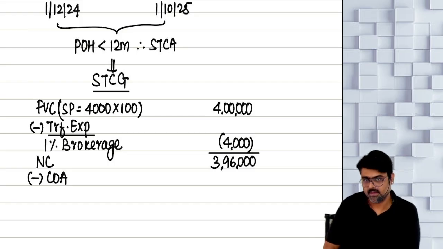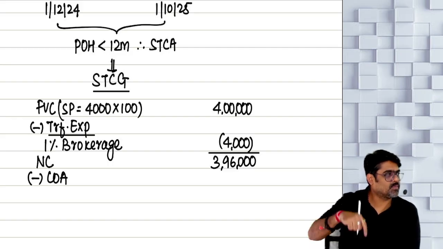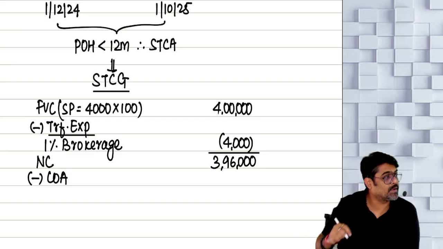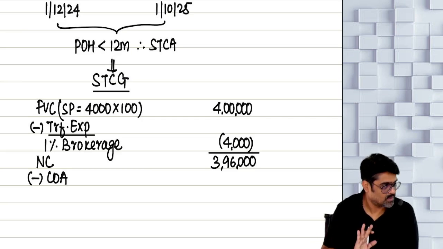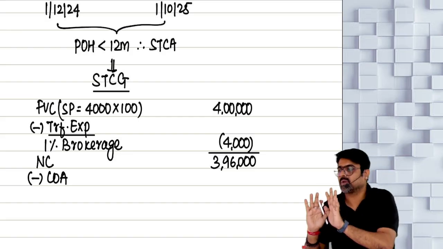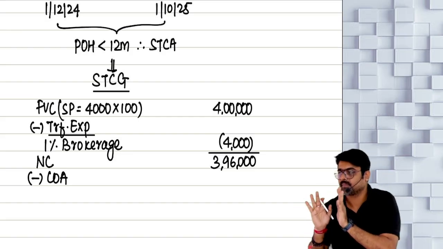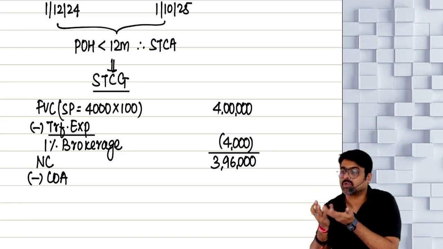It will be net consideration minus cost of acquisition. 55 to AC, no? Then for bonus shares, how will you apply 55 to AC? Can you apply 55 to AC? Yes, if these bonus shares were acquired prior to 1st February 2018 and you were calculating the long-term gain. I'll tell you about that also. Yes or no? So first of all tell me, are these bonus shares short-term or long-term? Are you calculating long-term gain or short-term gain?